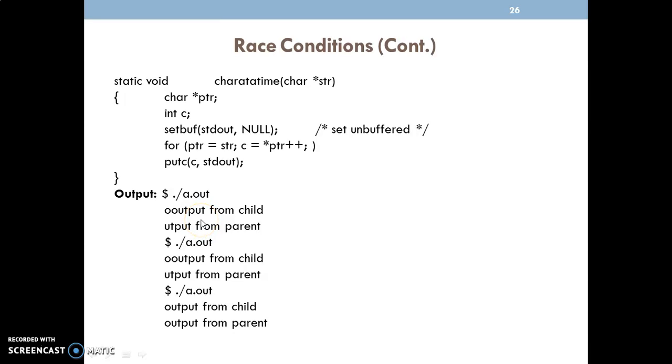The reason is that both the parent and child processes are sharing a common resource here. Let's see the second line also executing from the parent side like this. It depends. If I run the same program once again, we may get a different output. One line from the child, one line from the parent.